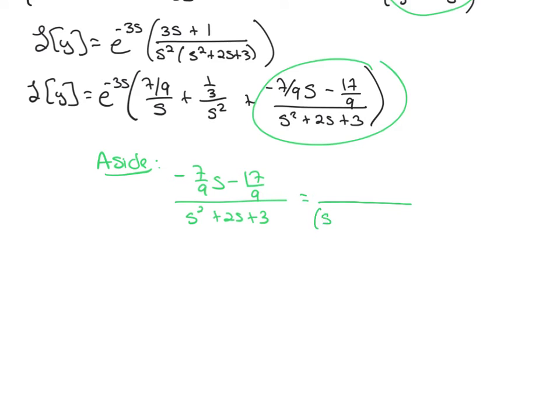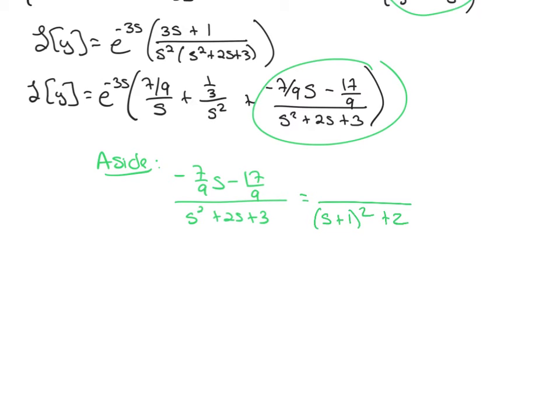So the first thing I want to do is write that this denominator would really be, after you complete the square, s plus 1 quantity squared and then plus 2.